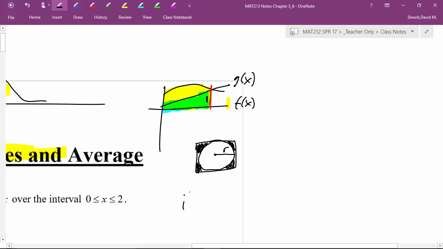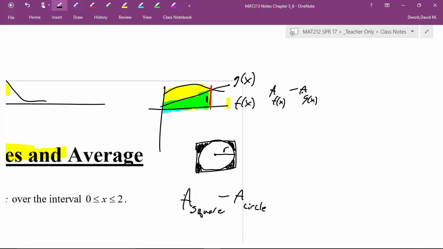Well, you would find the area of the square and then take away the area of the circle. Well, it's the same idea here. What we're going to do is find the area of our f of x function, and then subtract the area of our g of x function, and that will leave you with the area we want.